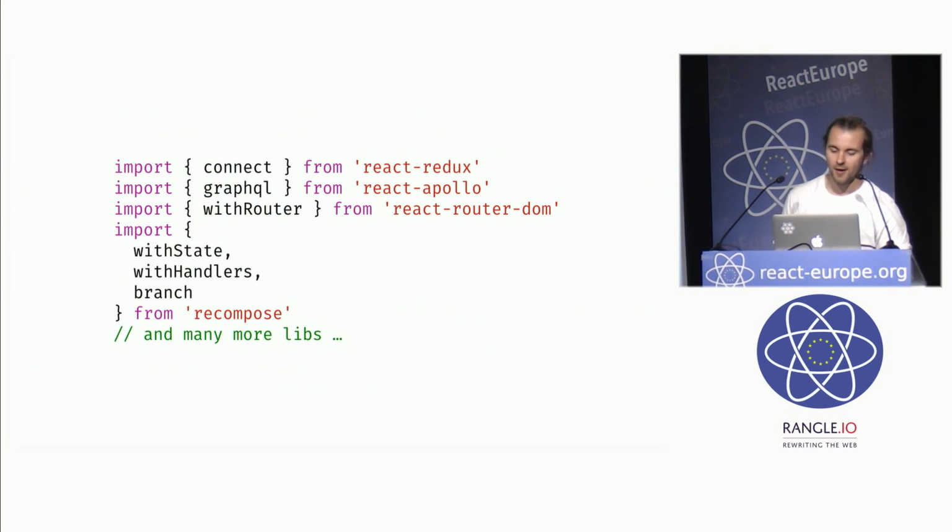And obviously there are many more. There's connect, and also React Apollo comes with a GraphQL enhancer. I'll tell you a little bit later, but these are higher order components. We're going to get to the definition, but these higher order components allow you to take a component and enhance it.